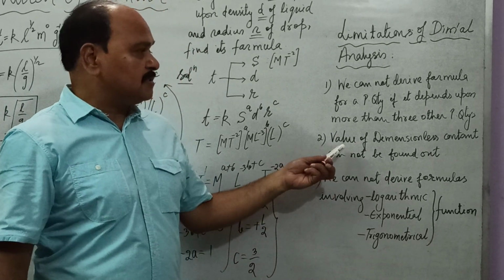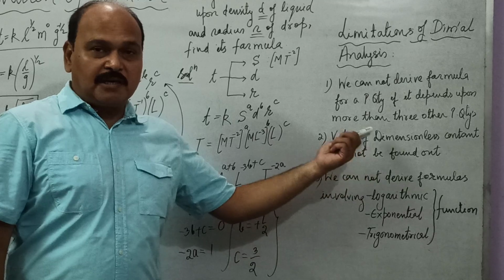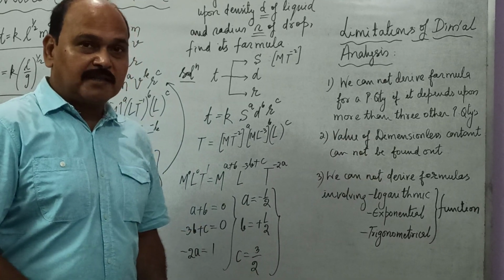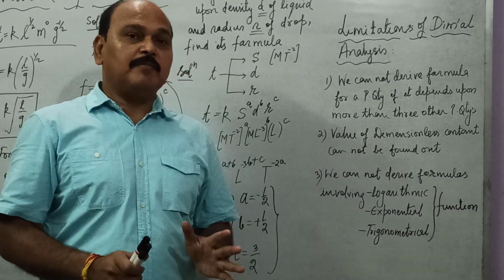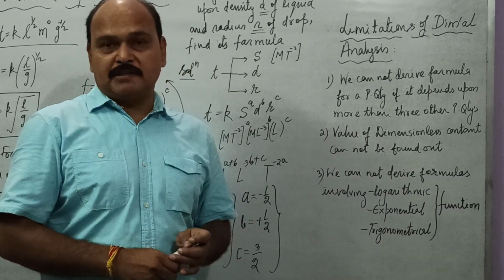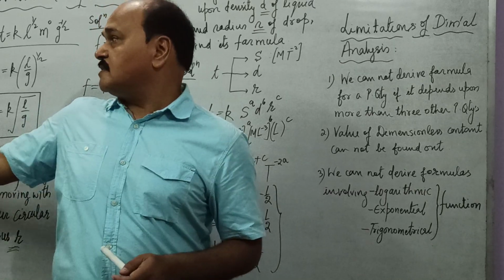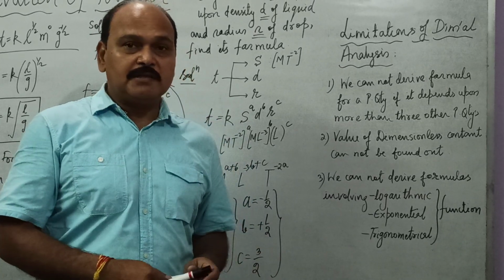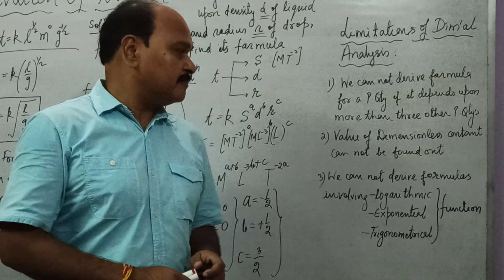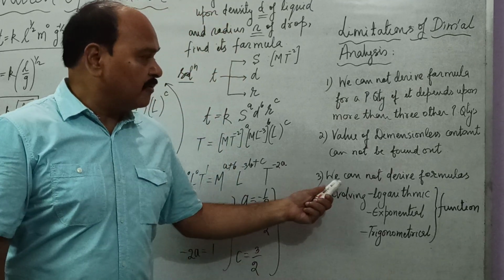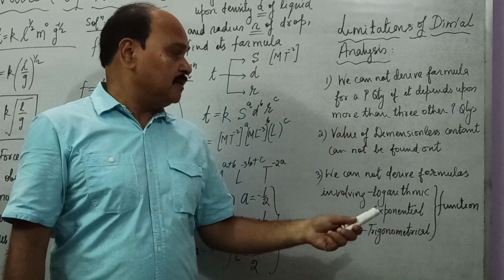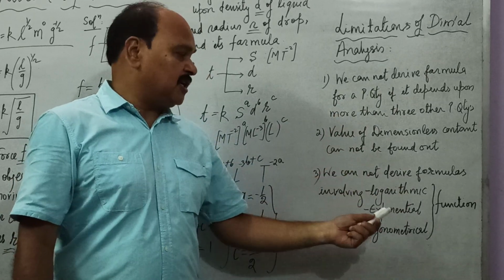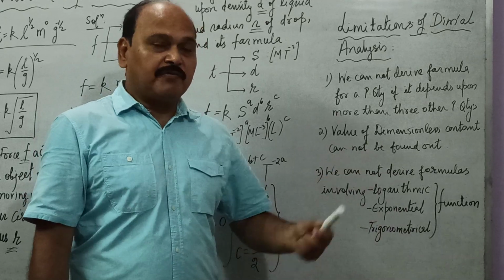This is limitation number 1. Second limitation is the value of a dimensionless constant cannot be found out. It was told to you right in the beginning, dimensional analysis is inapplicable for dimensionless quantities. So dimensionless constants which are there in these formulas cannot be found out. And finally, we cannot derive formulas which involve logarithmic function, exponential function and trigonometrical function.